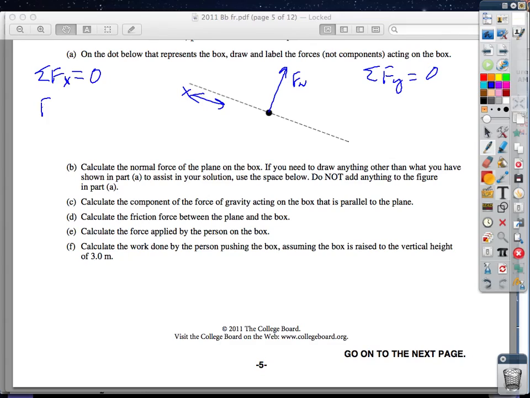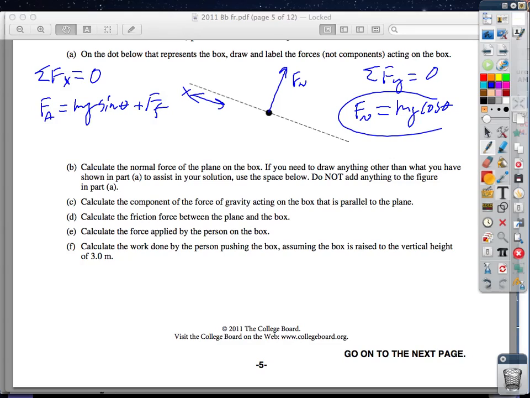So we have FA is equal to mg sine theta plus f sub f, and then Fn is equal to mg cos theta. So that's normal force, that's all I have to do.